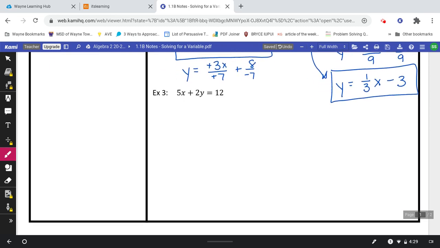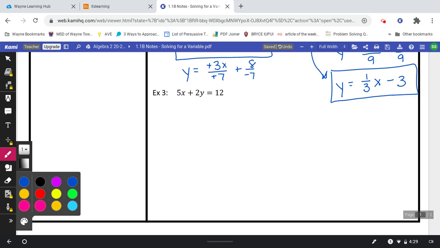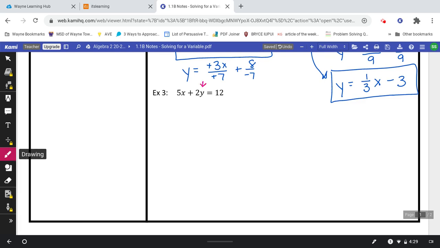All right, example number 3. Here's your y. I'm going to give you guys just a moment. See if you can solve for y here. First step, subtract 5x.